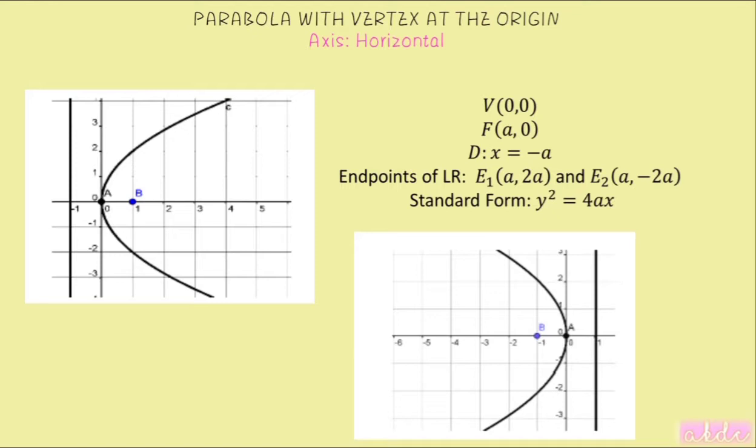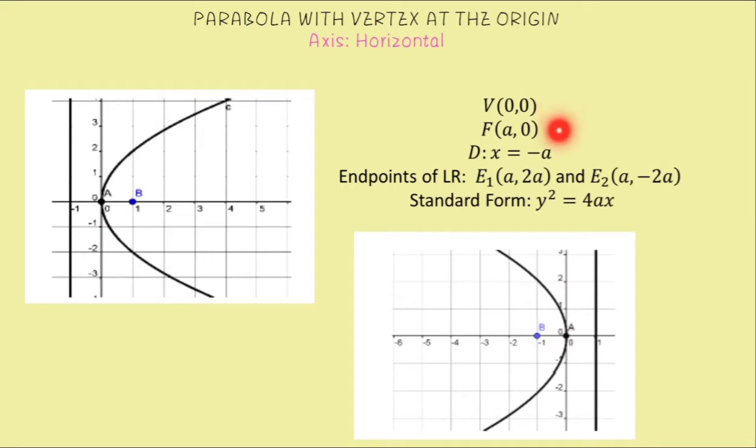So this is the pattern that we are going to use to find the critical points of the parabola if the vertex is at the origin and the axis is horizontal. If the axis is horizontal, the parabola could either open to the right or to the left. So here is the pattern.